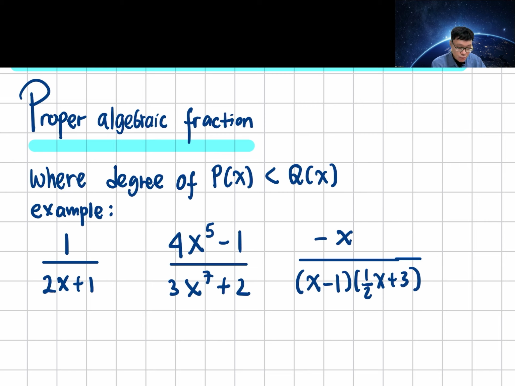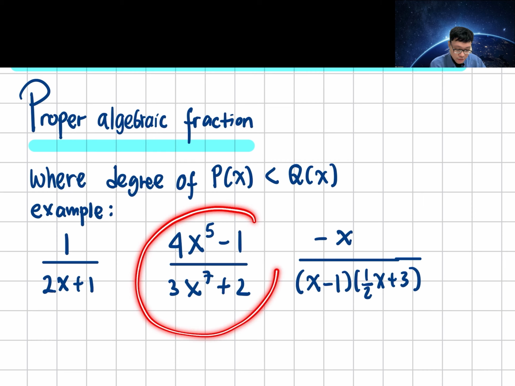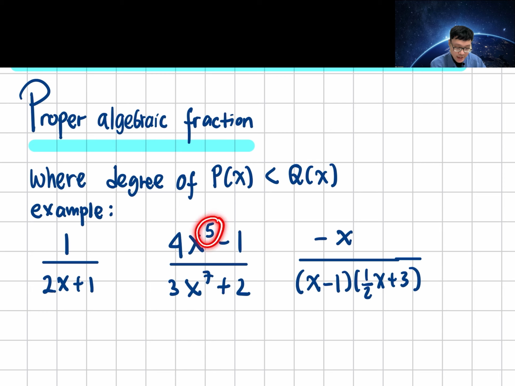The first example, we have 1 over 2x plus 1. This is proper because the numerator degree is 0, which is x to the power 0, while the degree of the denominator is 1, the highest power of x in the denominator. The second example, it's obvious that the numerator degree is 5, less than the denominator degree, which is 7.